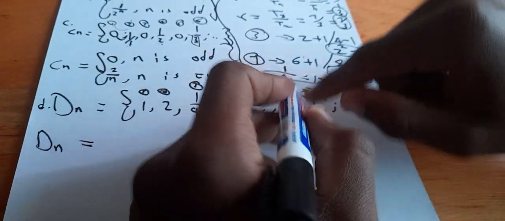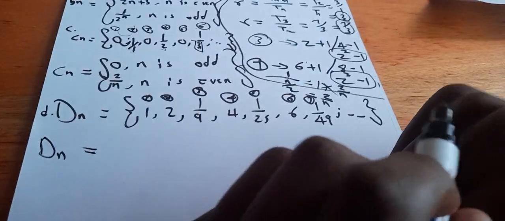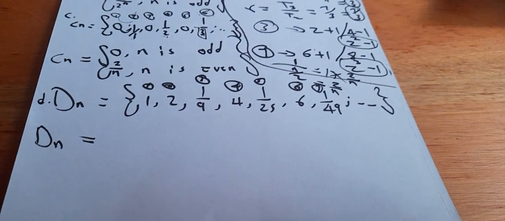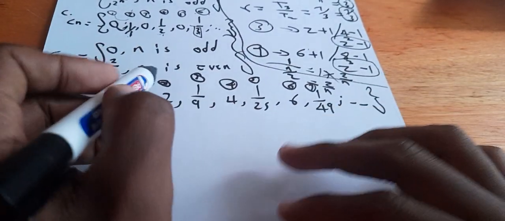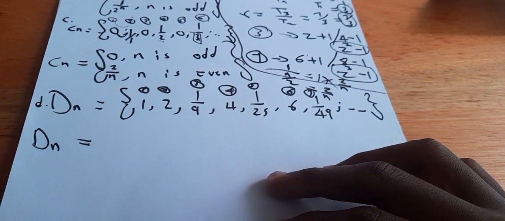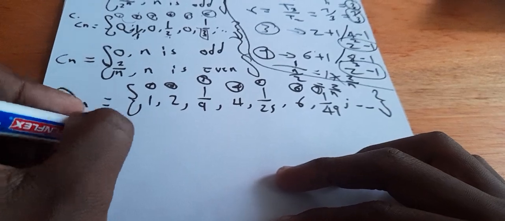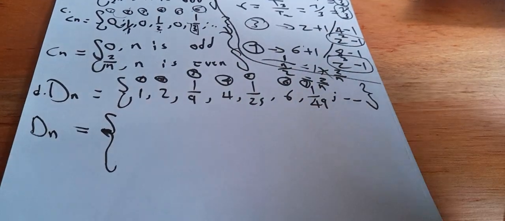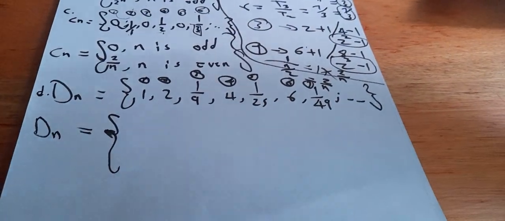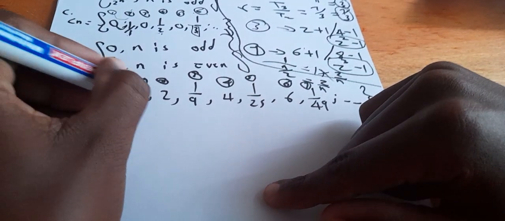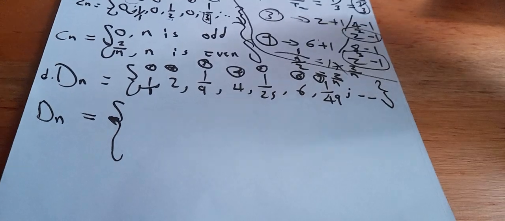Fourth term is 4, sixth term is 6, which means the set of even terms is made up of integers. So the set of even terms is integers, and the set of odd terms is fractions, which means I can write 1 over 1 just like that to make it a fraction to avoid confusion.